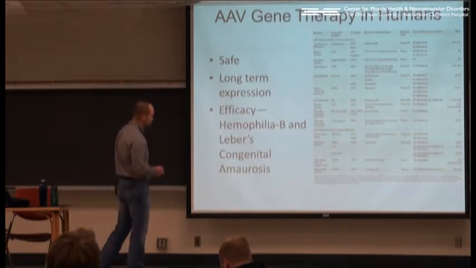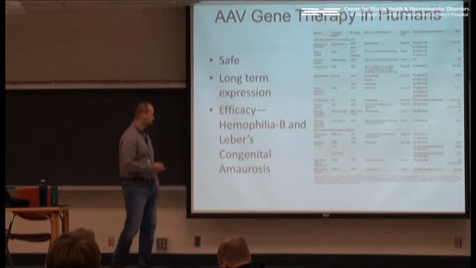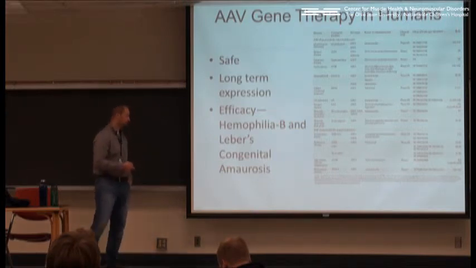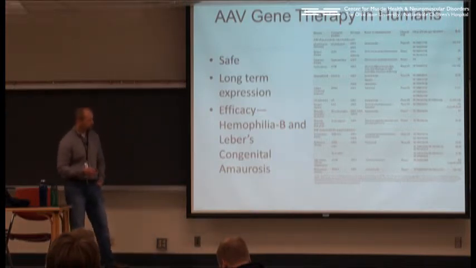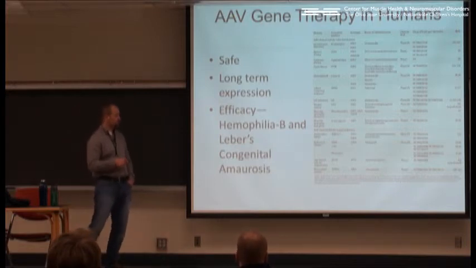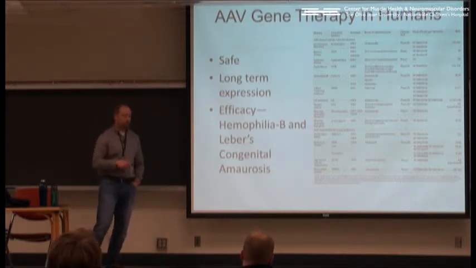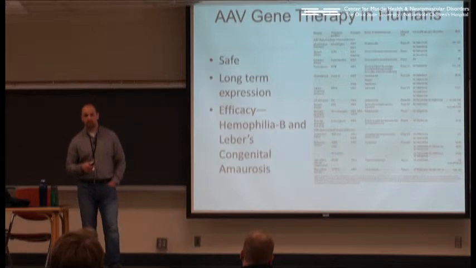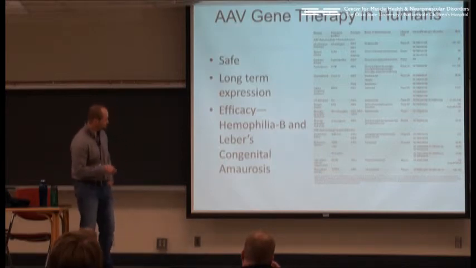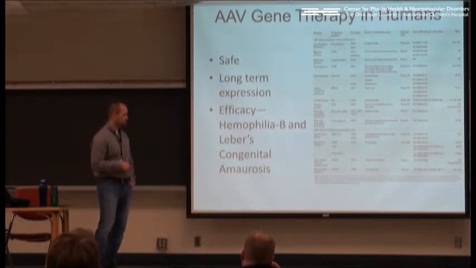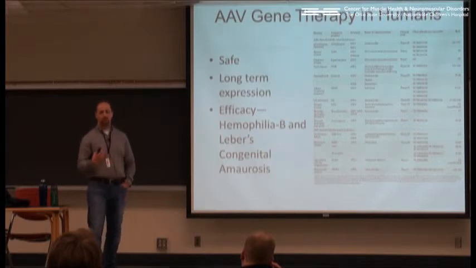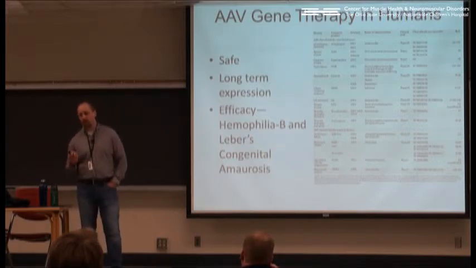And in fact, within the past 5 or 7 years, we're starting to see efficacy in early phase clinical trials, clinically meaningful efficacy. So Leber's congenital amaurosis, which is a congenital form of blindness and retinal degeneration.